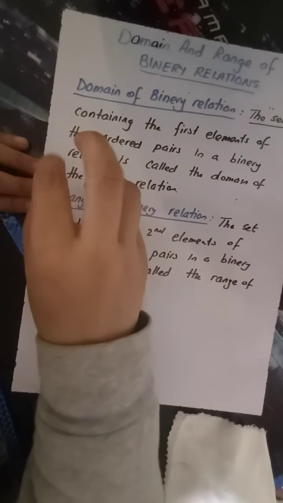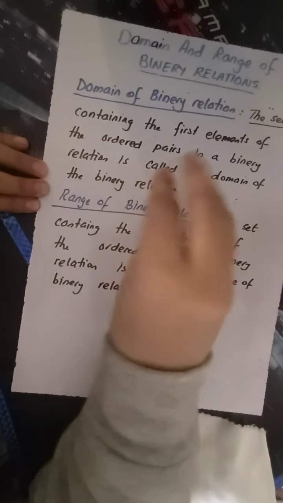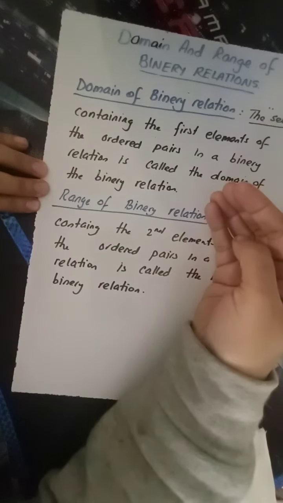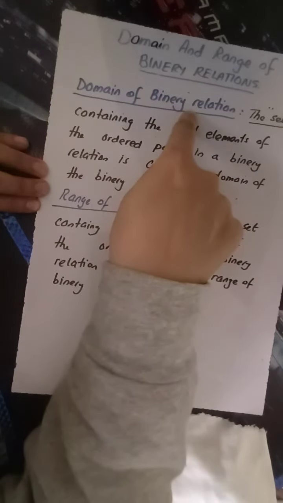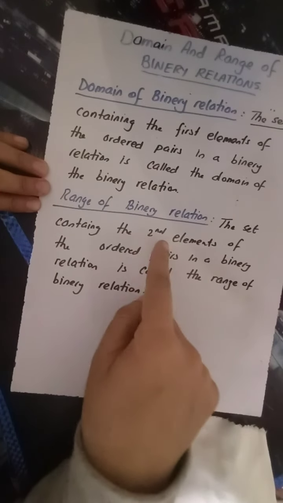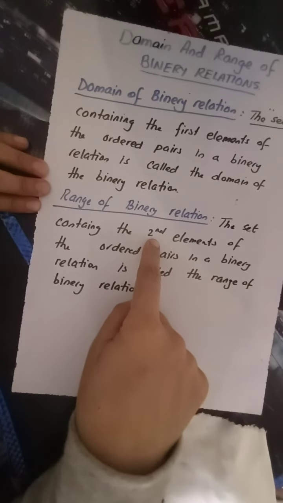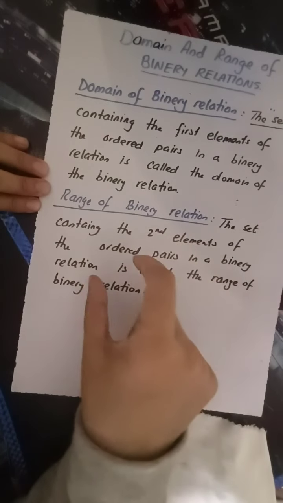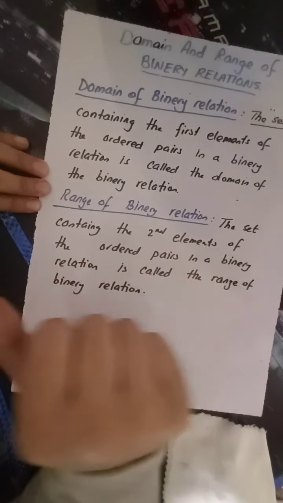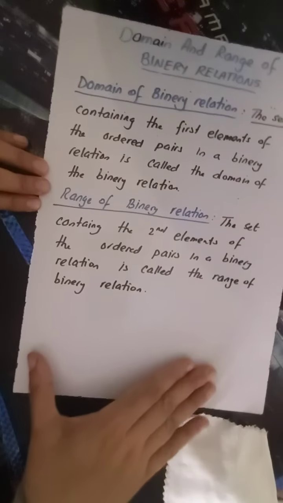Now if you collect all the first elements from all the ordered pairs in a binary relation and make a set of it, then that set is called the domain of the binary relation. Similarly, if you pick all the second elements of the ordered pairs in a binary relation and make a set of it, then that set will be called the range of the binary relation.